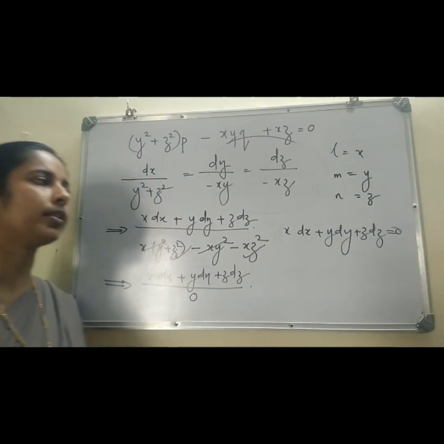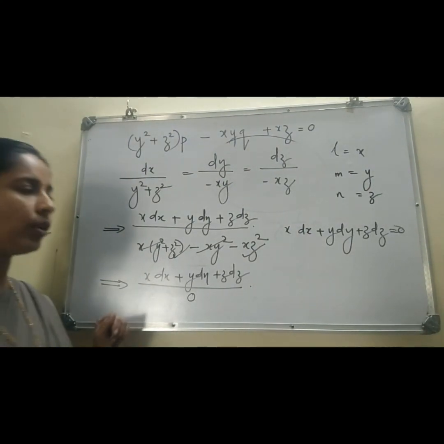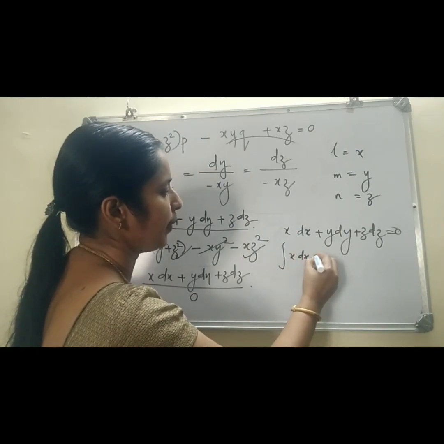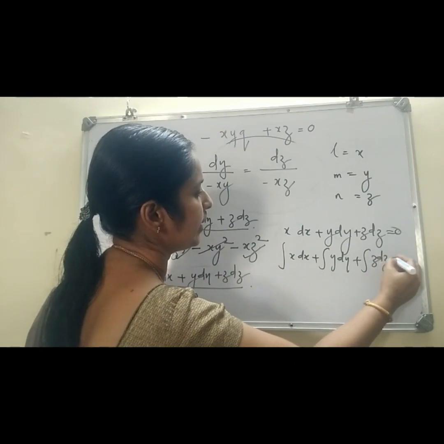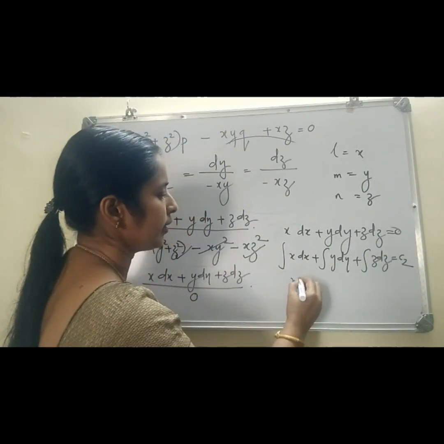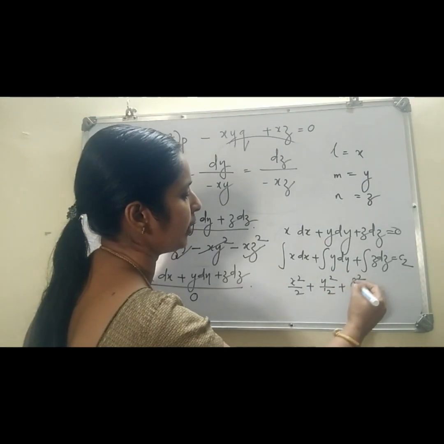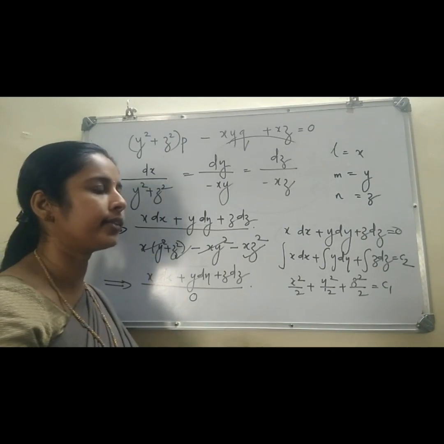See, this differential equation is in variable separable form. So by direct integration you can easily write the solution. So the solution is integral x dx plus integral y dy plus integral z dz is equal to c. That is x square by 2 plus y square by 2 plus z square by 2 is equal to c. You take 2 as the LCM and take the 2 to the right side.